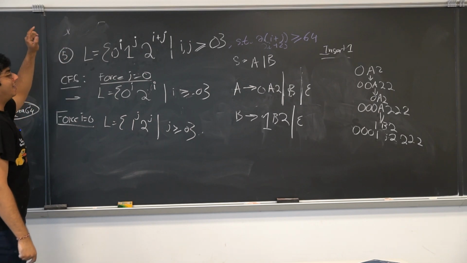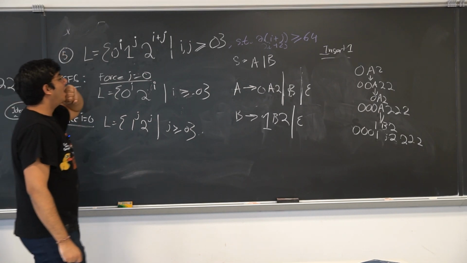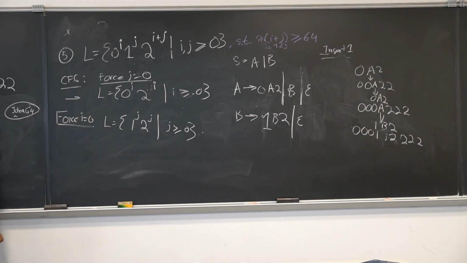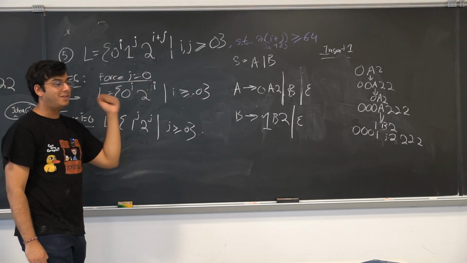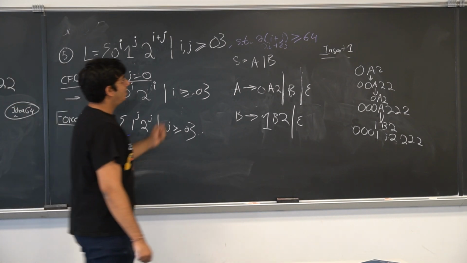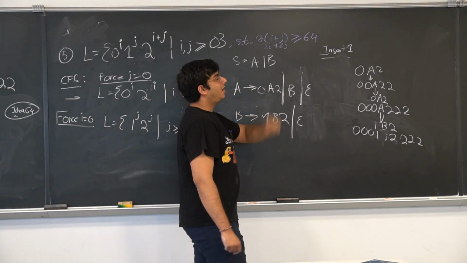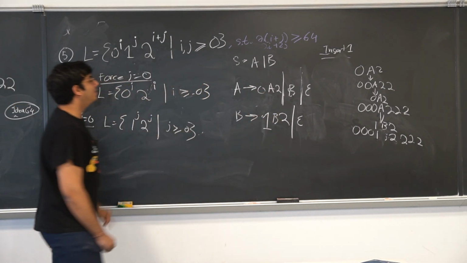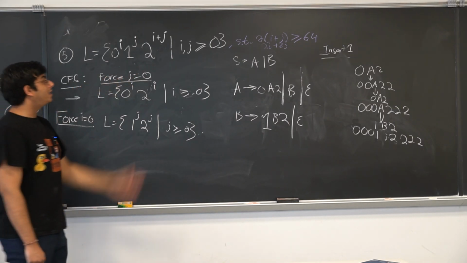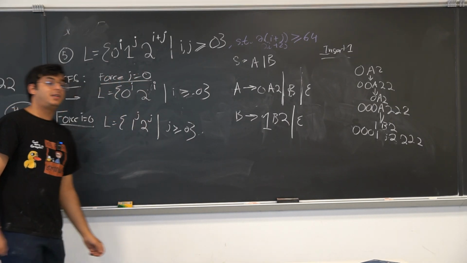So if I only want to generate things bigger than 64, would the language still be context-free? I just need all possible valid strings of length 64 that you could generate before. And we could do that, yeah. No, it is context-free. I'm not asking you for a grammar, I'm asking if it is context-free.